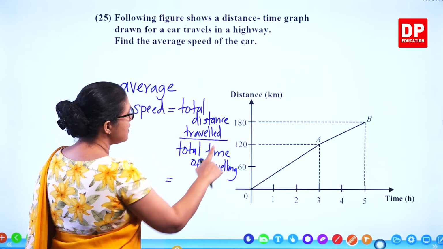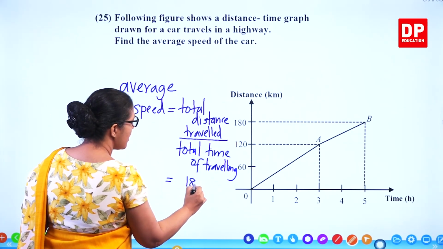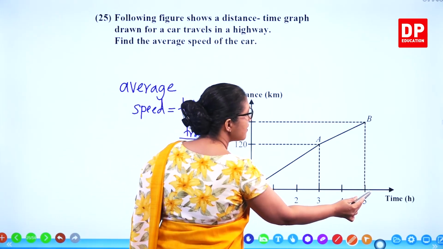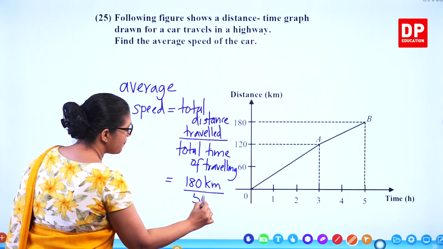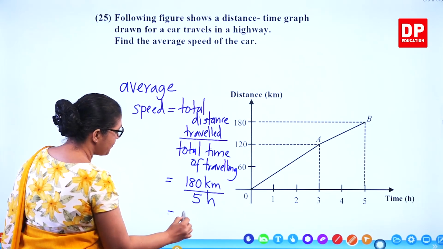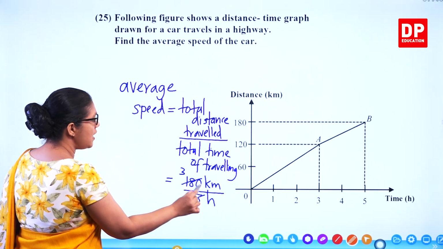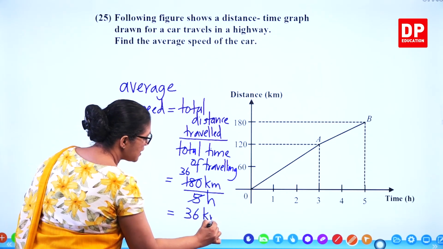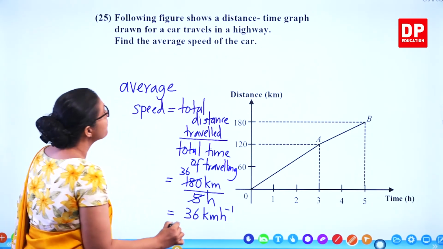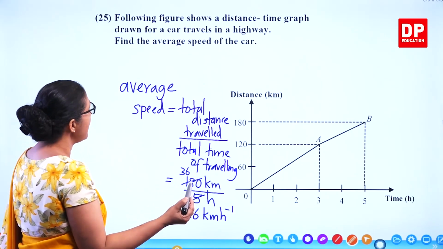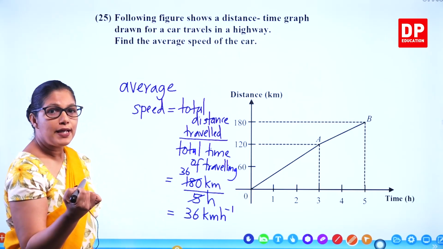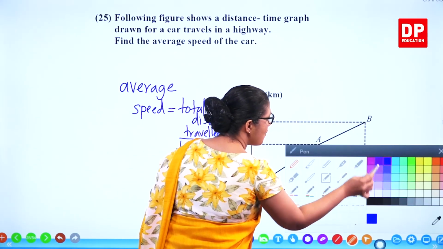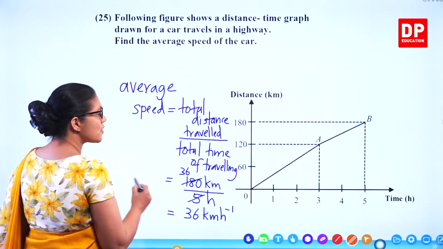That's important. Total distance traveled is 180 kilometers. And what's the total time taken? That's 5 hours. So what's the value? 5 times 3 is 15, for 30, that's 6. 36 kilometers per hour. We can keep it in kilometers and hours. 36 kilometers per hour. You get 2 marks for that.